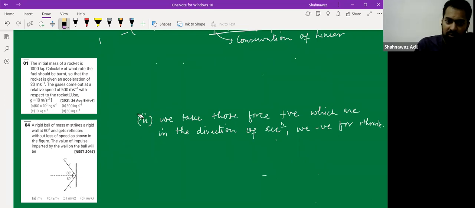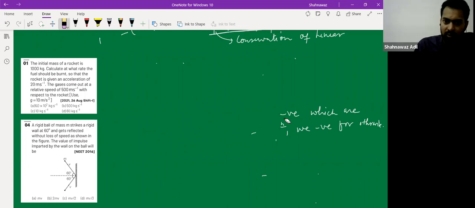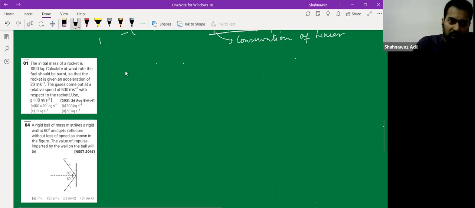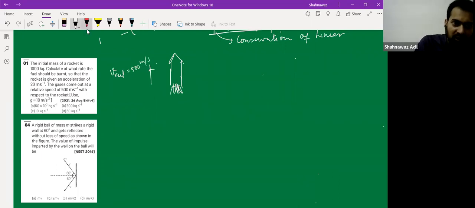This is the rocket, and gas is pulling out like this. And the relative velocity of the gas with respect to the rocket is 500 meter per second, right?